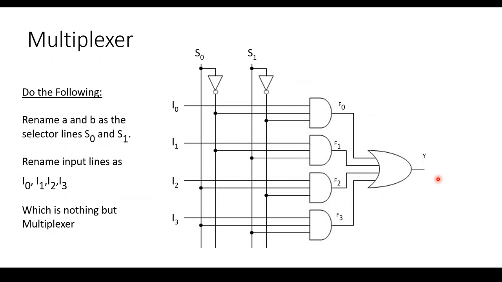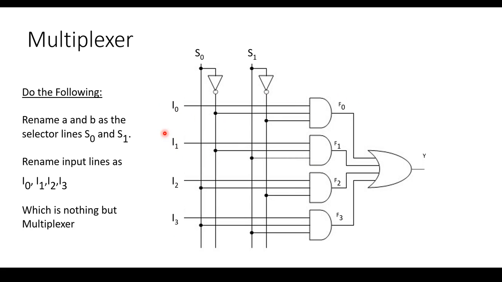Now for the multiplexer some differences are there. Instead of A and B, rename them as selector lines, S0 and S1. The separate input lines you are given can each be named I0, I1, I2 and I3.